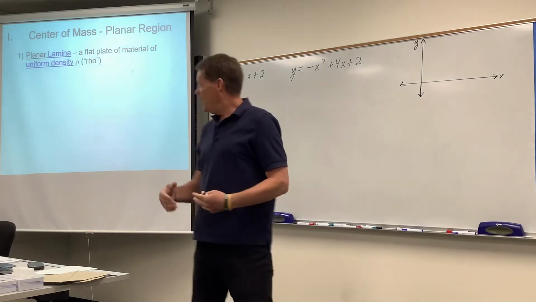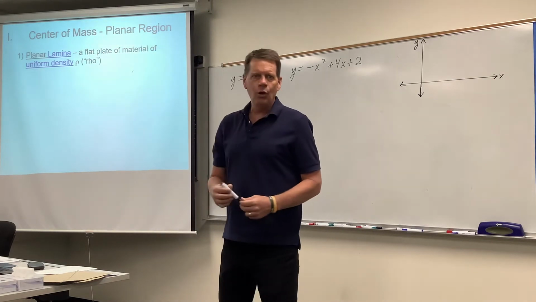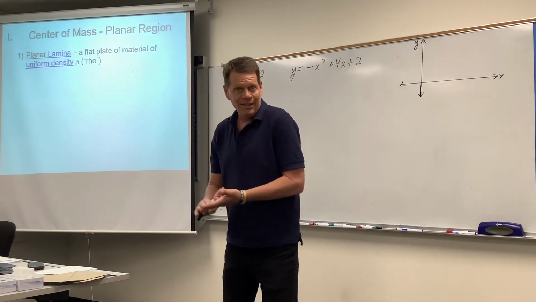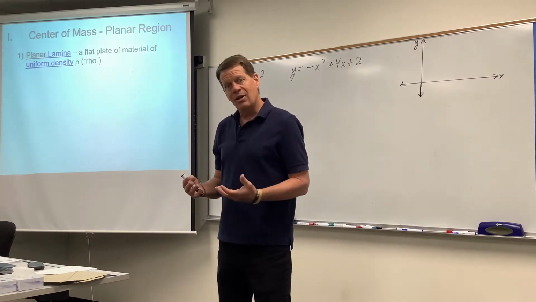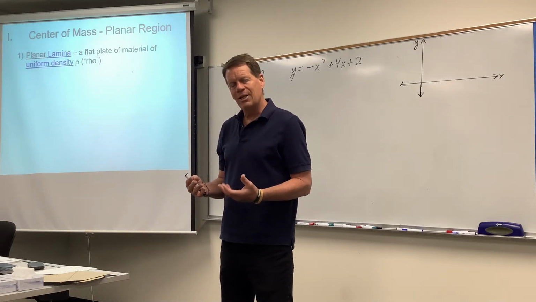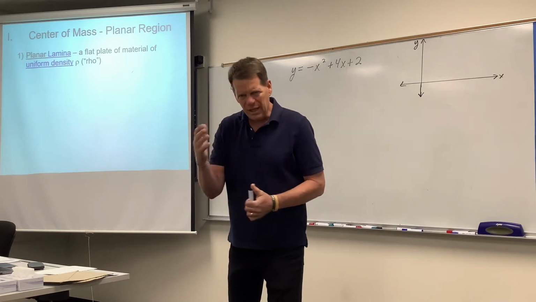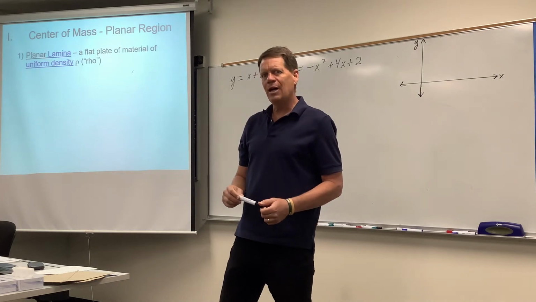Now the density, called rho, would depend on the material. So, for example, aluminum has a certain density, bronze has a certain density. So we're not going to specify necessarily the material that's being used, because as we'll see as we work through this, we're just going to leave it as rho, and that'll be part of our calculation.